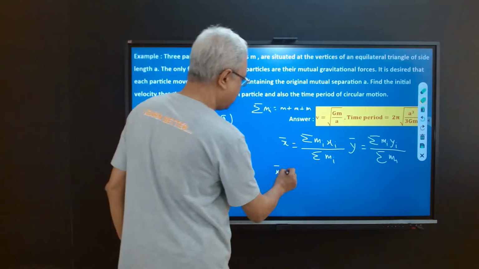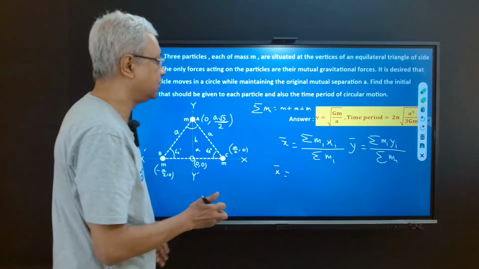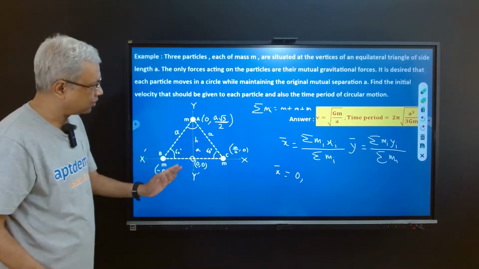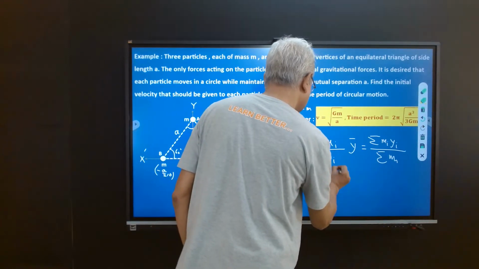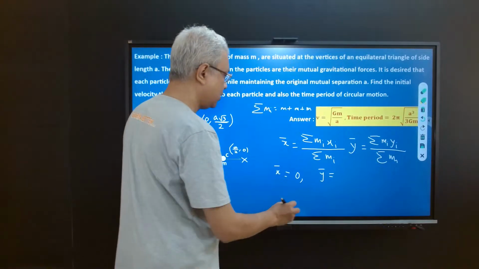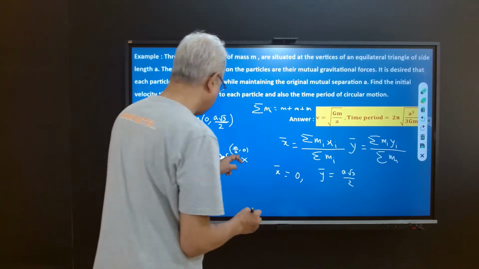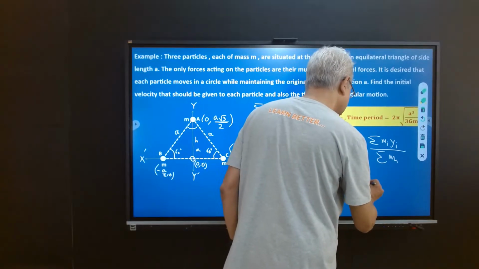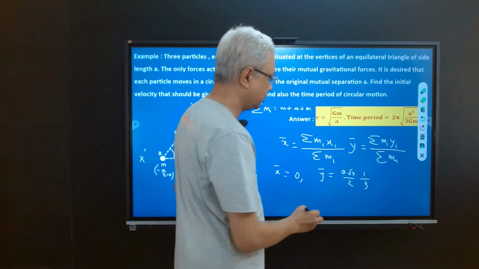So x bar is how much? 0 plus a by 2 minus a by 2, by 3. So it is 0. Is it not? And what is y bar? The y coordinate of the center of mass is a root 3 by 2 plus 0 plus 0, divided by 3, because m cancels from the expression.